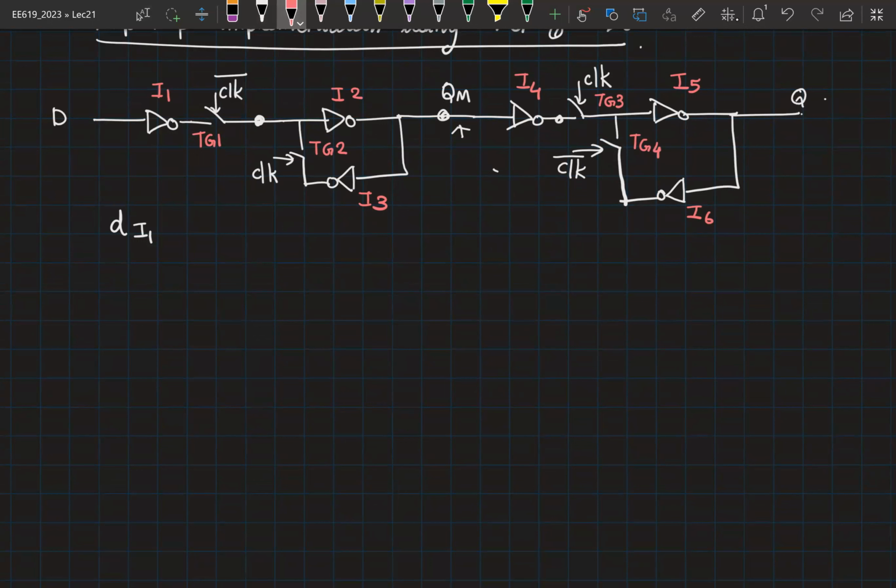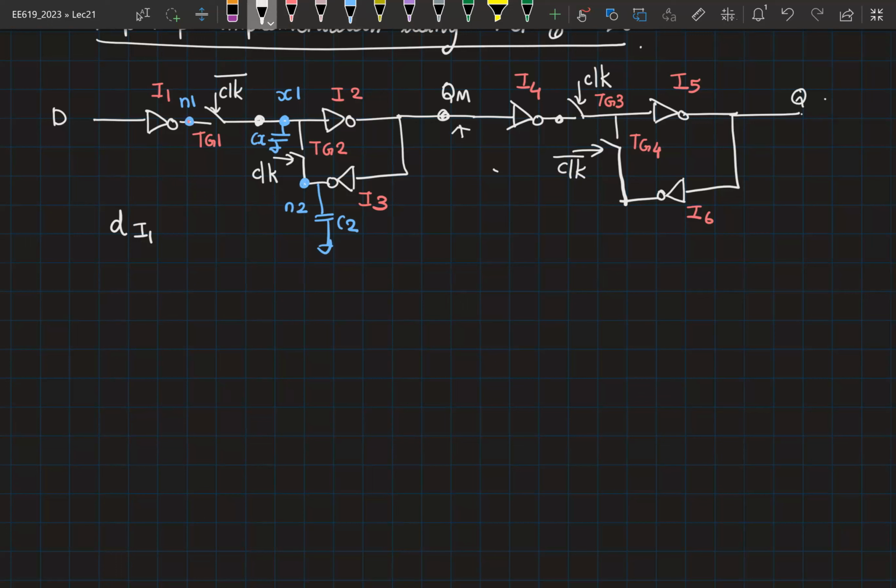I'll simply set up the nodes that you have to look for in the waveform. Let's say this node is N1. This node I'm going to call X1. This node is N2. The capacitance at N2 we will call C2. Capacitance at X1 is, let's say, CX.